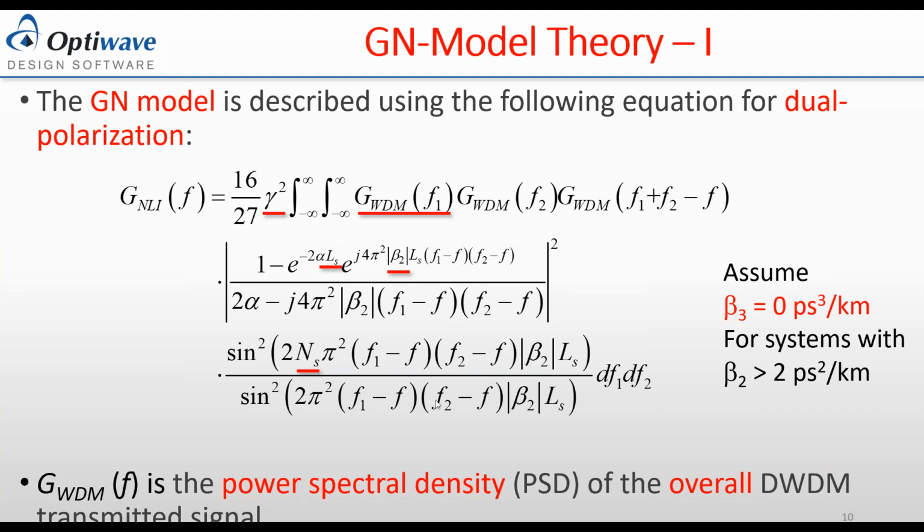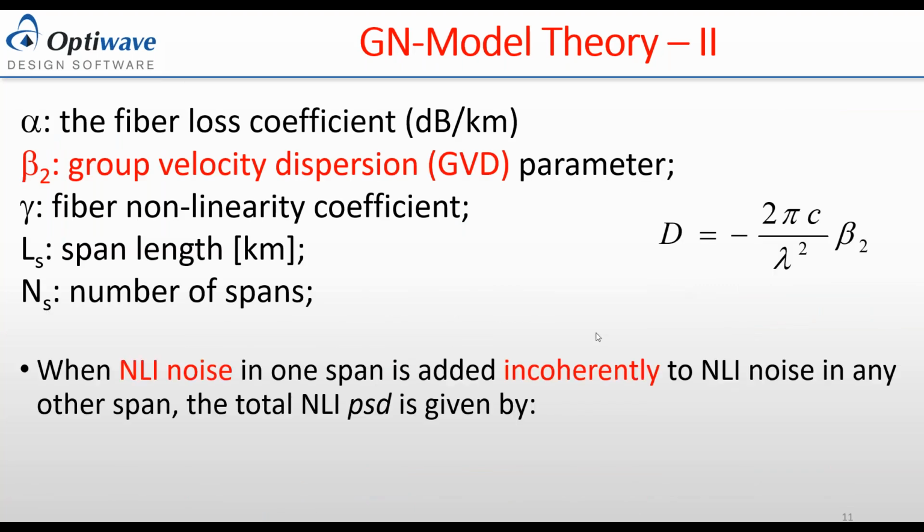This equation is very difficult to solve as is, so it depends on a few cases, which we're going to discuss later. Depending on these cases, the equations will be simplified and possible to solve. The nonlinear interference noise can be added in each span coherently or incoherently.